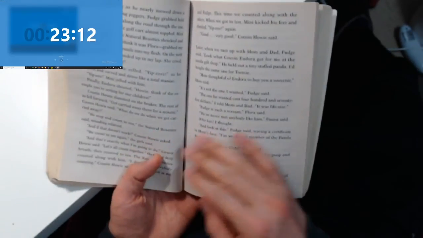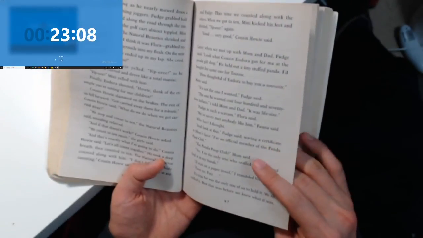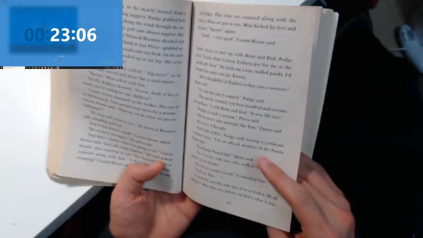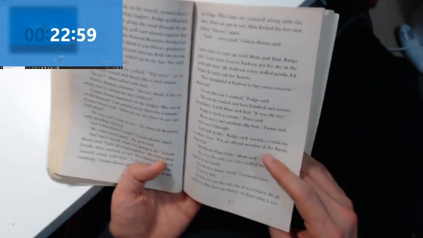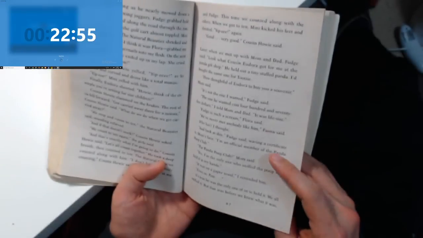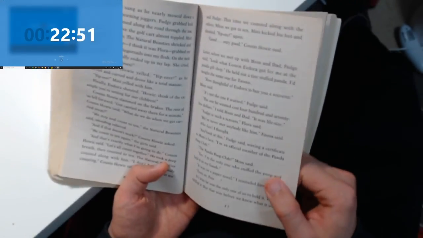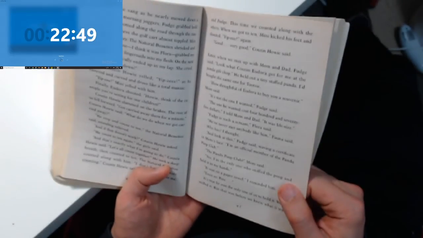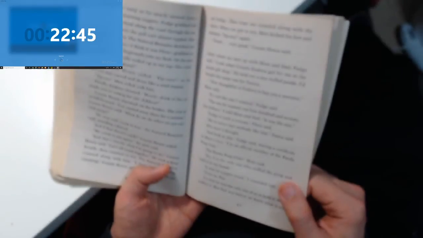"Hang on, everybody," he sang as he nearly mowed down a group of early morning joggers. Fudge grabbed a hold of me as we zoomed along the road through the zoo. On one sharp curve, the golf cart almost tipped over. Minnie laughed like crazy.